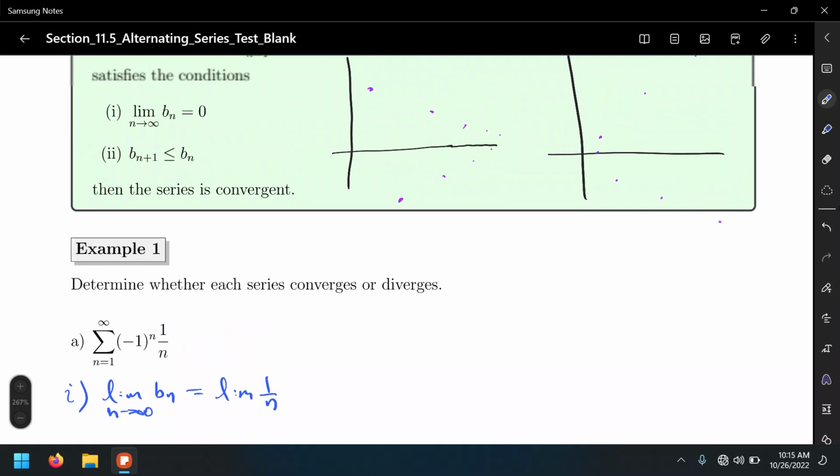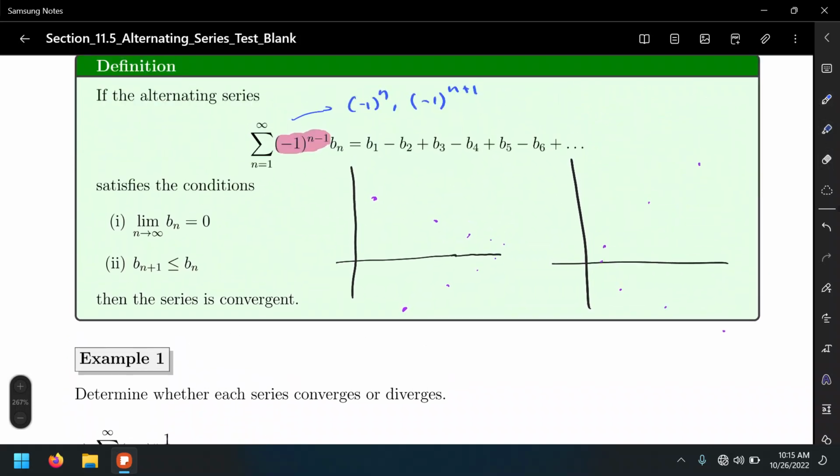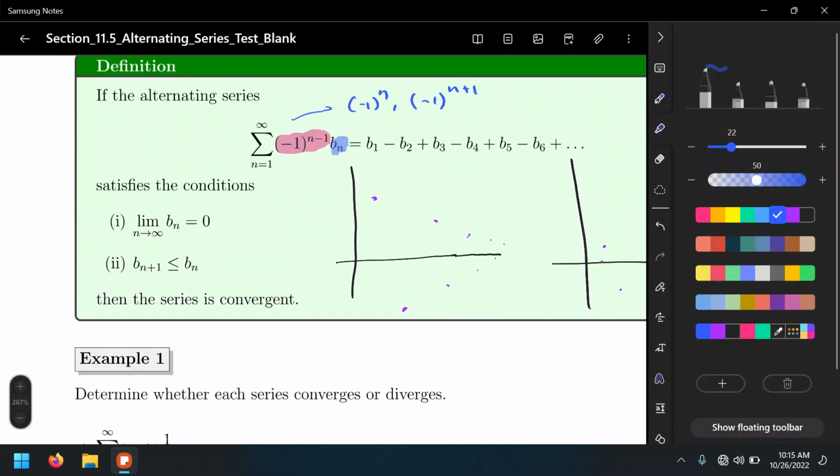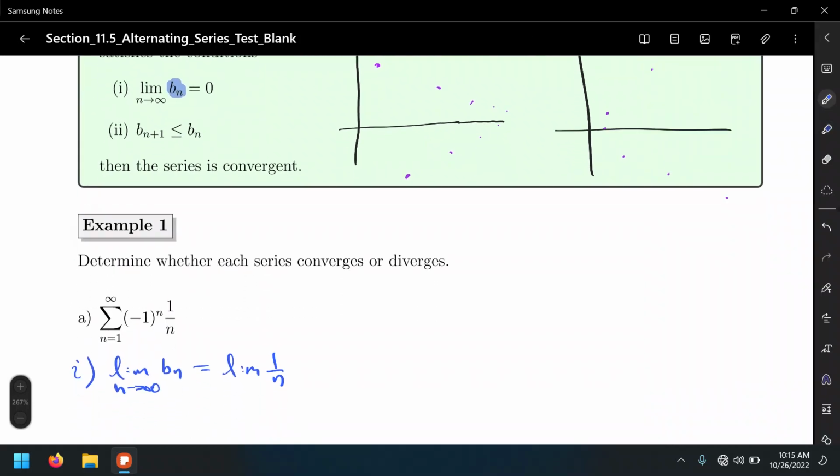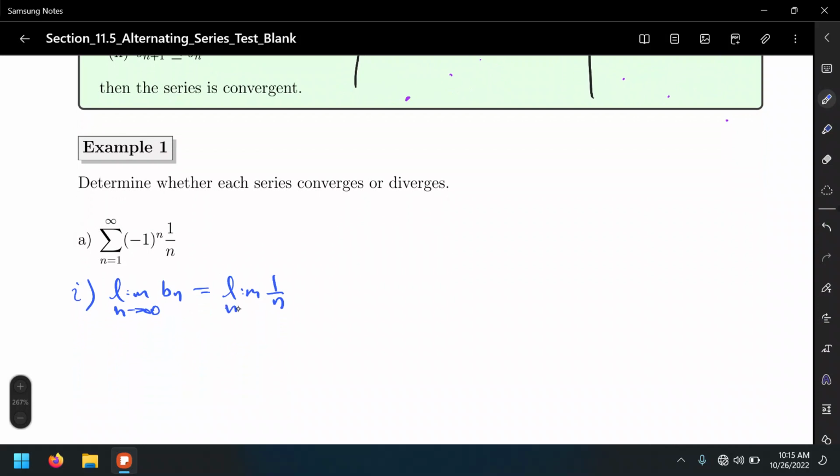By the way, notice how this b sub n in the limit does not include the alternating factor. It's everything except the alternating factor. So the limit of 1 over n as n approaches infinity is 1 over infinity, which is 0. So the first condition is satisfied.